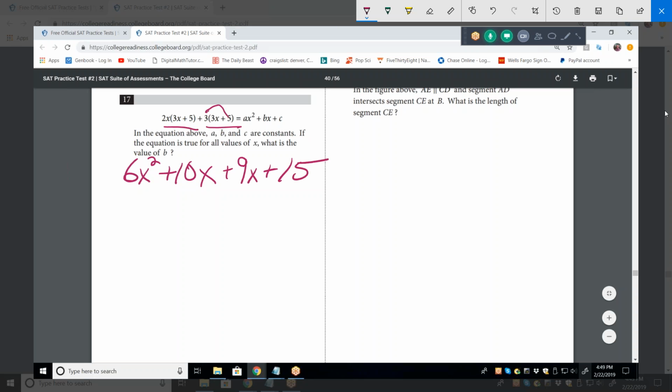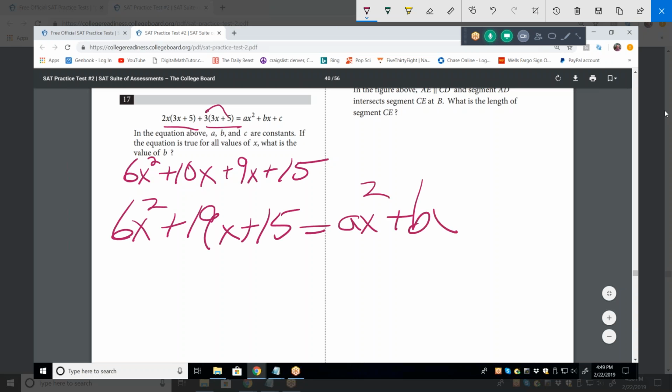Okay. But if you've read the problem correctly, now it's easy enough if we combine everything. And if that's equal to ax squared plus bx plus c, we know what a, b, and c are, right? Yes. But it really only asks for b.